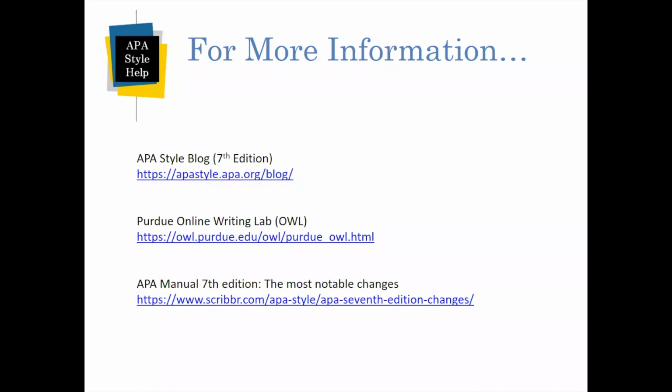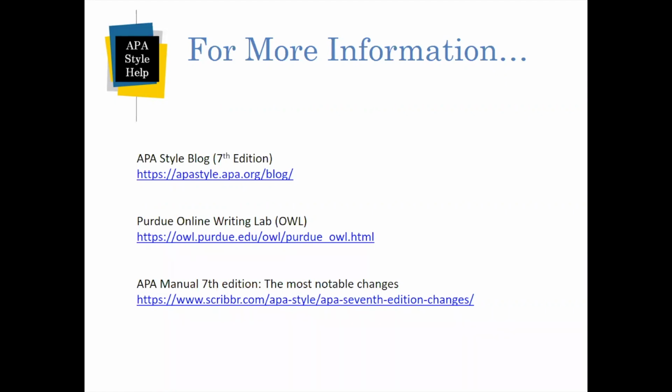Although the APA 7th edition print is the authoritative source for information on APA style, there are some places out there on the web, in addition to the resources that Jill and I have put together, that can prove to be good resources for you when you have questions. The first source that we recommend is always the APA style blog, and there's the URL for it.